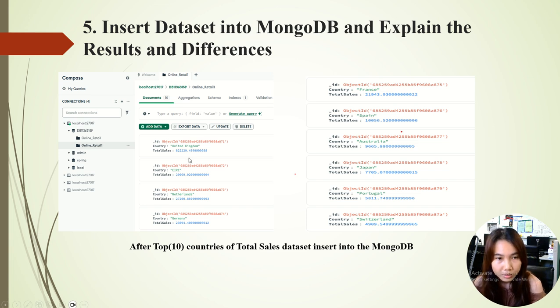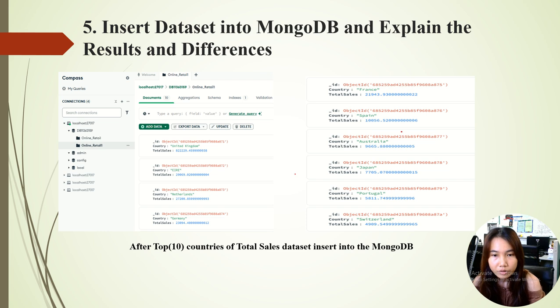Here we can see the first country is the United Kingdom with its total sales, the second country is Ireland, the third is the Netherlands, the fourth is Germany, and the lowest sales country is Switzerland, each with its total sales.